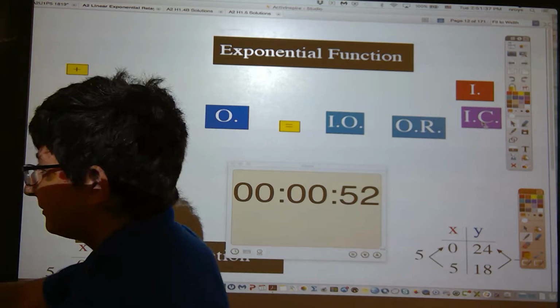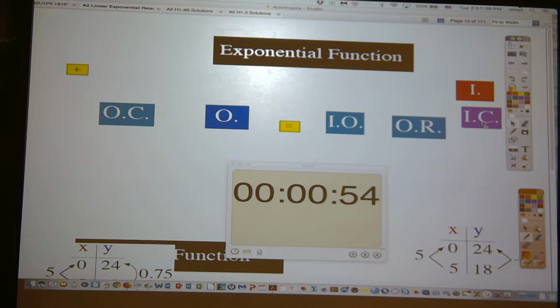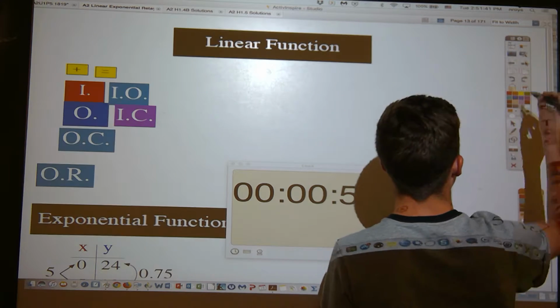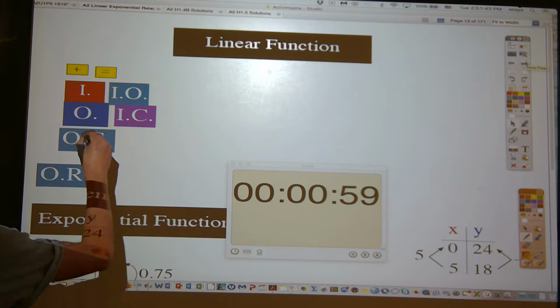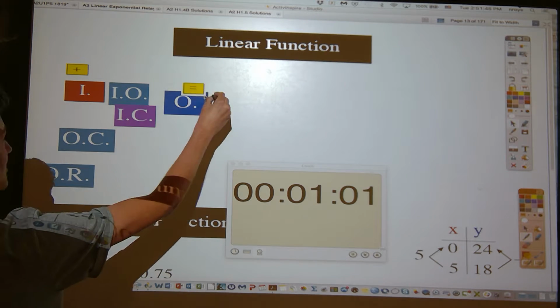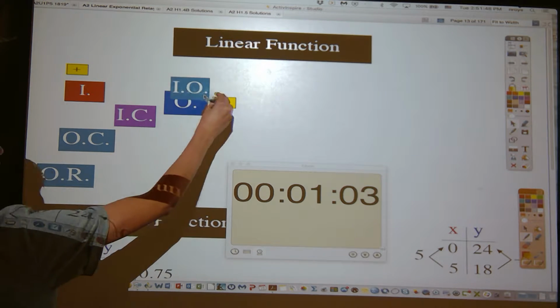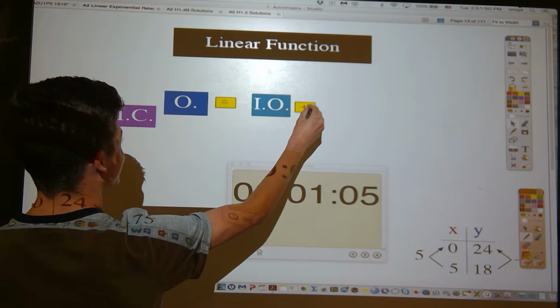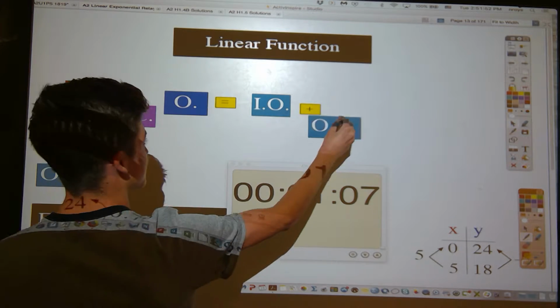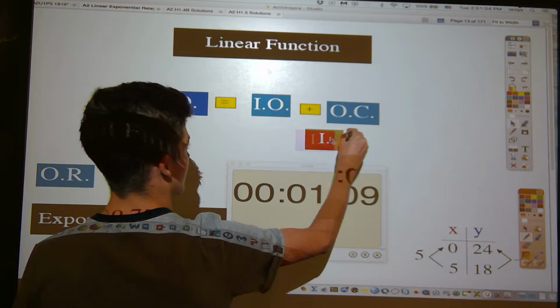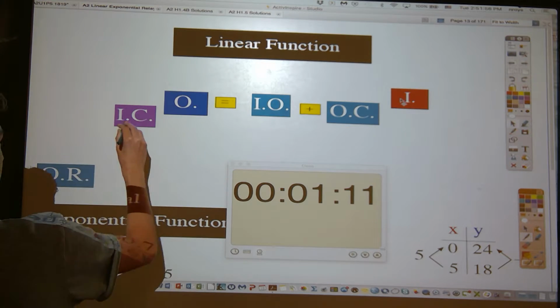Pass the baton. Click next. So linear function is output equals initial output plus output change times input over input change.